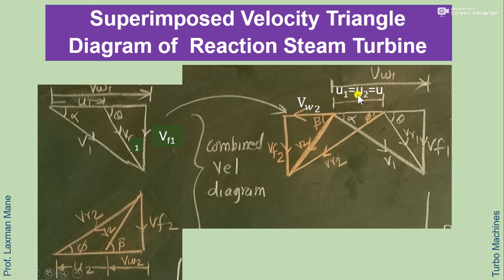That's why here U1 is equal to U2 is equal to U. This is called a superimposed velocity triangle or combined velocity diagram, which is used in solving numerical of reaction steam turbine.